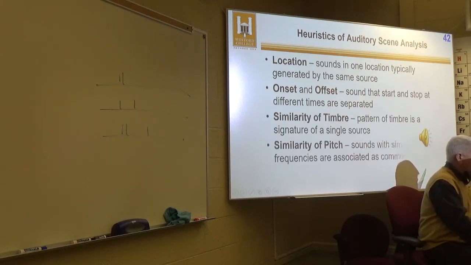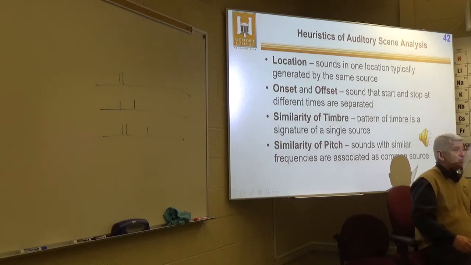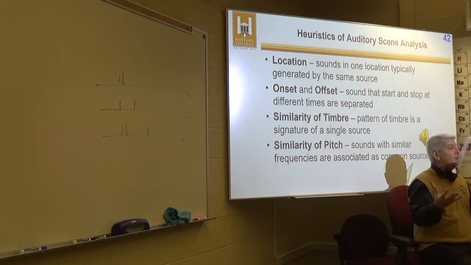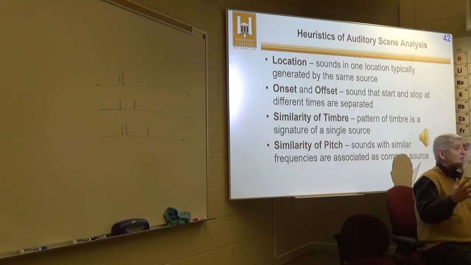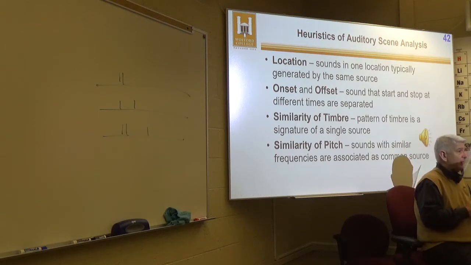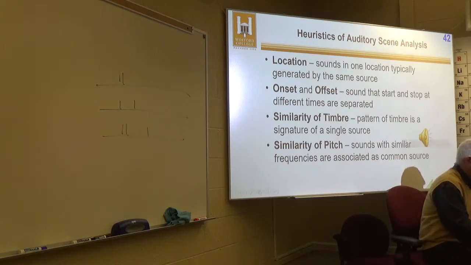Timbre, as I mentioned, is this idea that we have particular harmonic frequencies associated with particular instruments, with particular voices, so that we can focus on a single voice as opposed to other voices in the room. And then pitches with similar frequencies are also associated as coming from a common source, which I think is what this is.